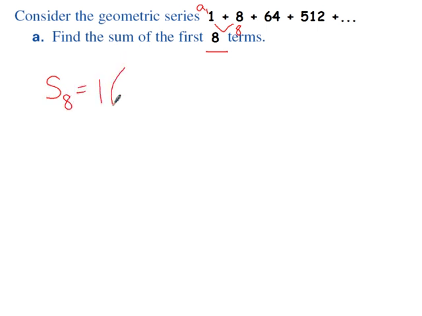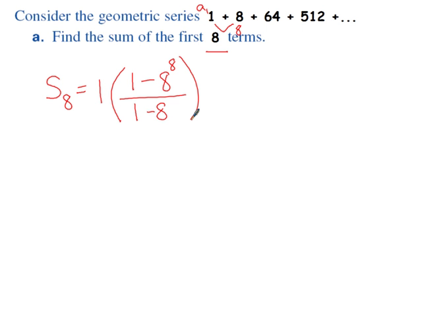The first number, 1, times 1 minus the common ratio of 8 raised to the 8th power, over 1 minus 8. So on the top, I've got 1 minus 8 to the 8th power. Pretty big number, but I get negative 16,777,215 divided by 1 minus 8, which is negative 7.